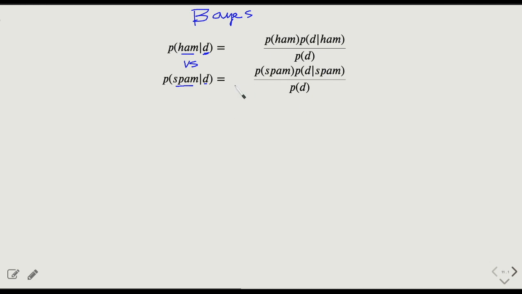Likewise, we can estimate the conditional probability of spam given this particular email document.